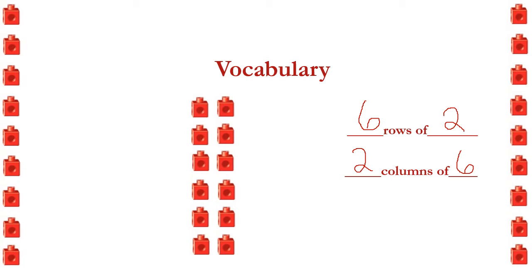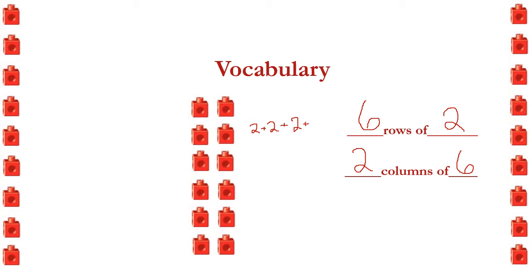Okay, and this also helps us prepare our repeated addition. 6 rows of 2 is going to be one of those really long problems. 2 plus 2, and we're going to do that until we have how many 2's? Right, until we have 6 2's.